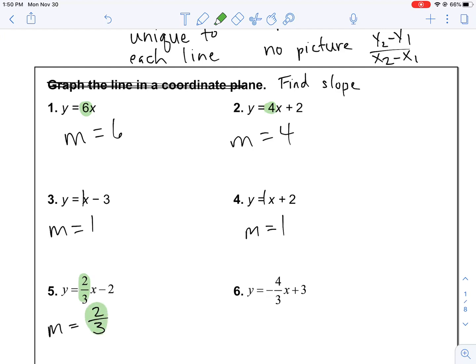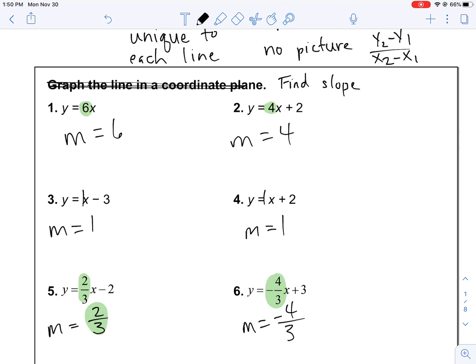Just a little clarification. We don't call that 2/3. You could, but usually when we're talking slope, we say 2 over 3, not 2/3. So same thing here. This would be -4 over 3.